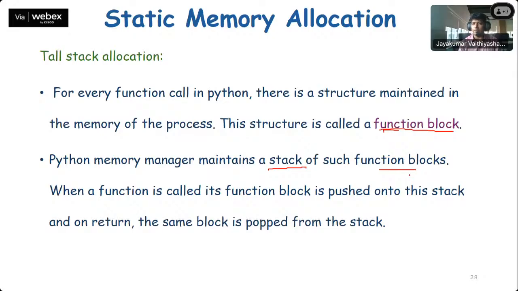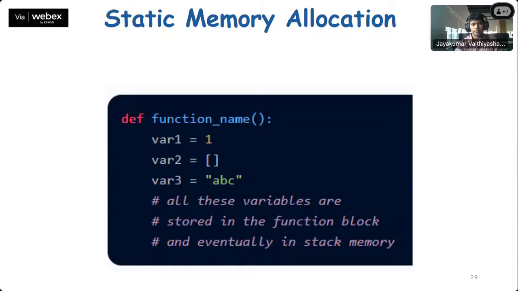When you create any variable, everything is managed with the help of the Python memory manager. In C, you don't have a memory manager, a developer needs to manage. So this is an example. On line number 1, we are defining a function, then we are creating three variables. All these variables are stored as a function block, like stack memory, right?